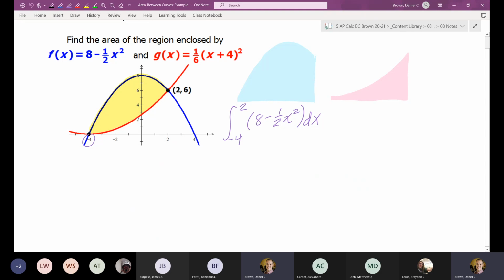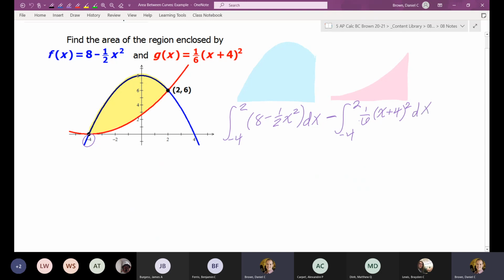And what I am subtracting from that is the area that we don't want to include, the one that I did this pink shape with. It also starts at -4, ends at 2, and its net area would be 1/6 times (x plus 4) squared.